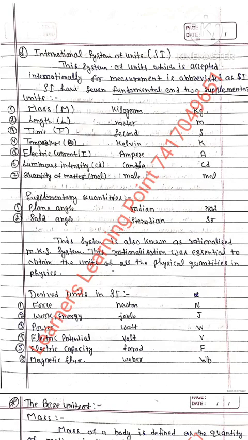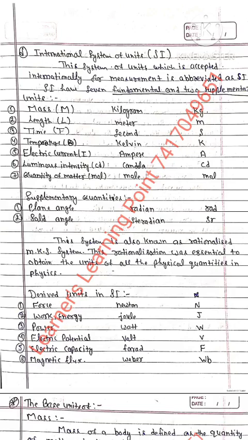The fundamental quantities are mass, length, time, temperature, electric current, luminous intensity, and quantity of matter, and the units are kilogram, meter, second, Kelvin, ampere, candela, and mole. These are the units of these seven fundamental quantities.